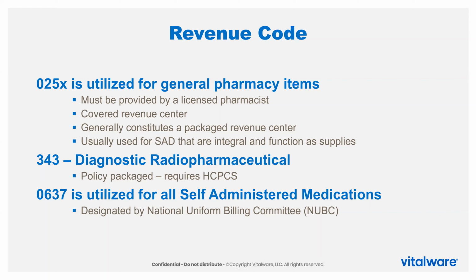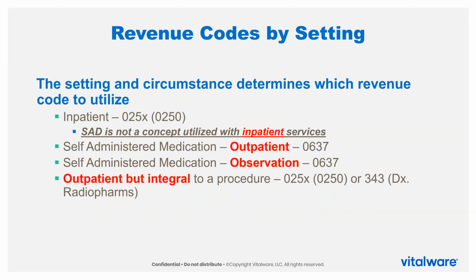That's going to be 250. 343 is your diagnostic radiopharmaceuticals and their policy package. So that's not a self-administered. It's coming under a different packaging program. And then 637 is the self-administered medications, and that is designed by the National Uniform Billing Committee, which is part of the American Hospital Association.